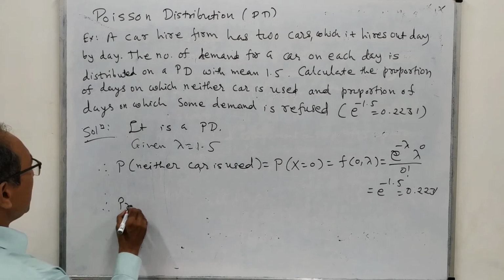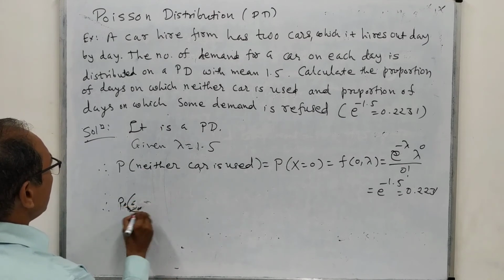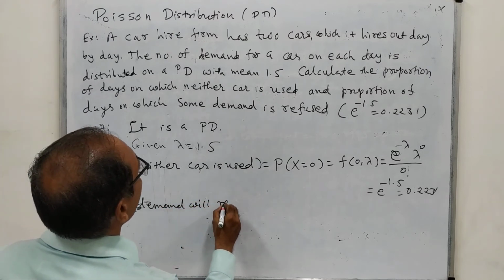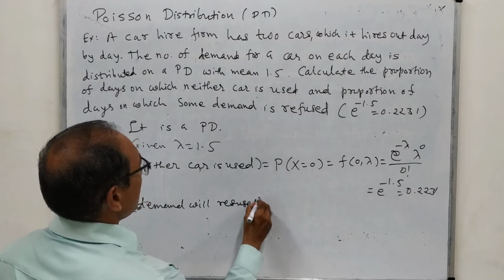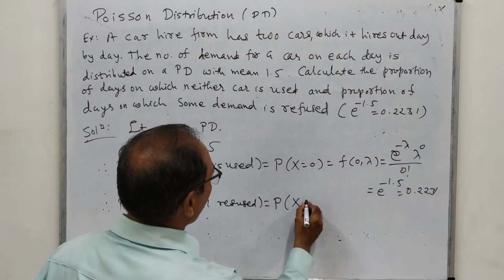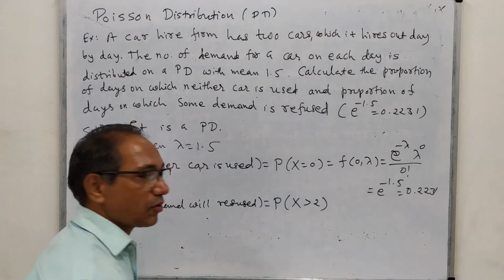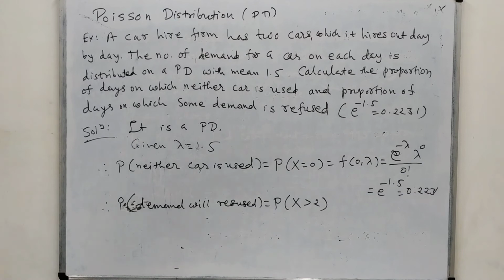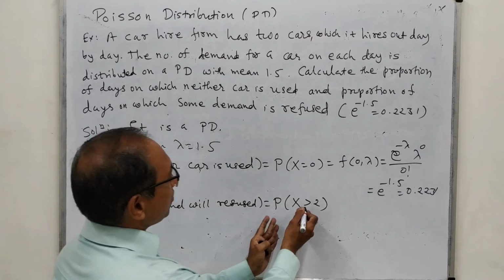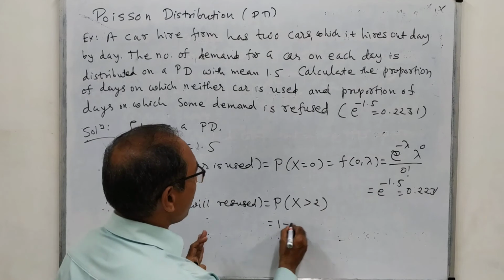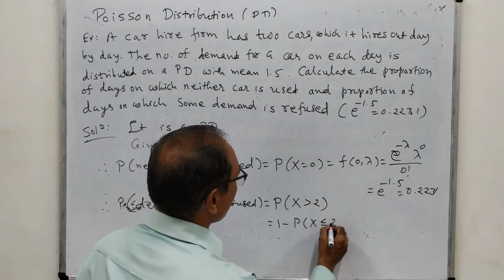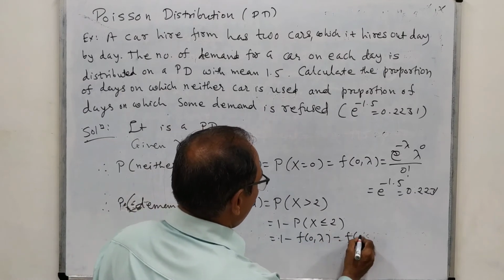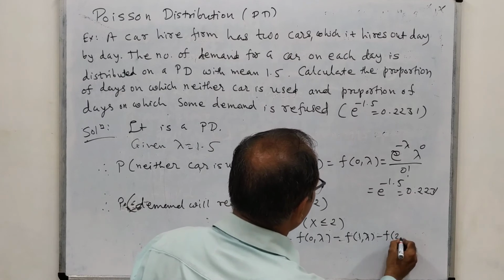Therefore, the probability that the demand will be refused is the probability that x is greater than 2. Up to 2 the company can supply, but if more than 2, then it cannot. But this probability we cannot find easily. So we have a very simple idea: 1 minus the probability of x less than or equal to 2.